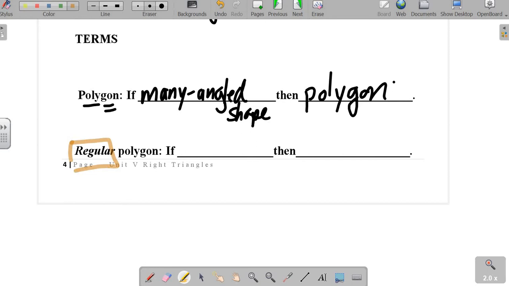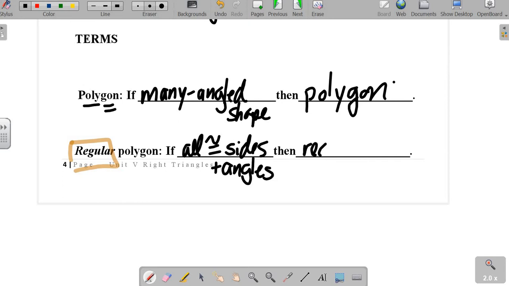The word regular means if you have all congruent sides and angles, then it is regular. So regular in this unit does not mean normal. He's just a regular guy. She's just a regular gal. Regular specifically means congruent sides and angles.